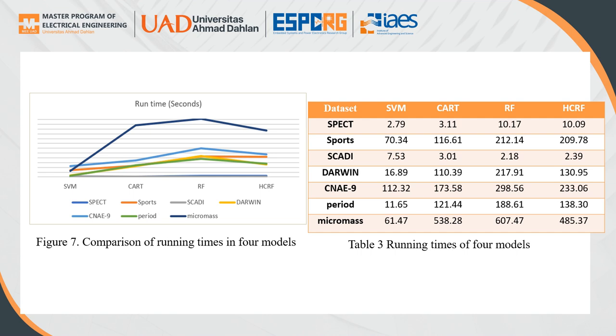It is because HCRF builds 100 trees, but the time does not increase by 100 times. This shows that HCRF has a higher advantage in terms of time complexity. Therefore, the HCRF algorithm also has a higher application value and can be applied in a wide range of fields.